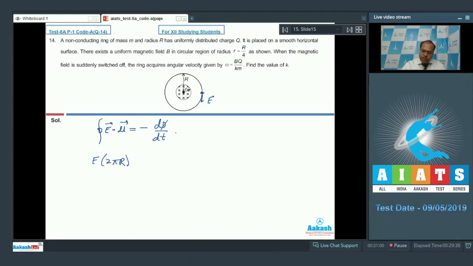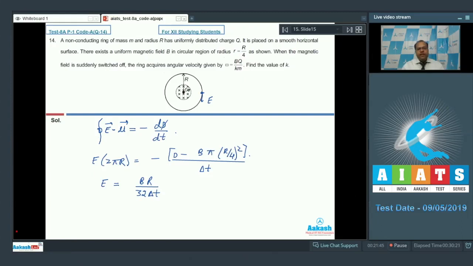So the E is in this direction, that is equal to minus change in flux divided by dt. So final flux is 0. Initial flux can be written as B into pi into (r by 4) whole square divided by delta t. So I can write now the value of E as equal to Br divided by 32 delta t.